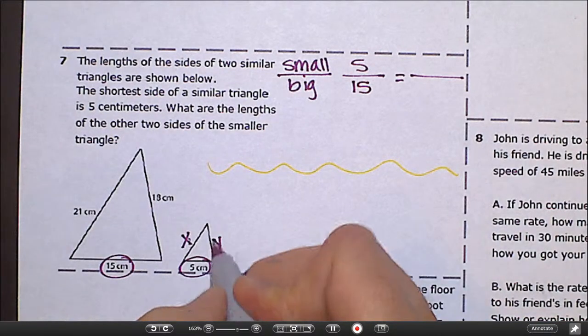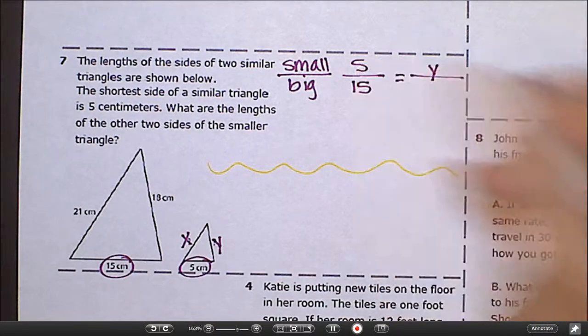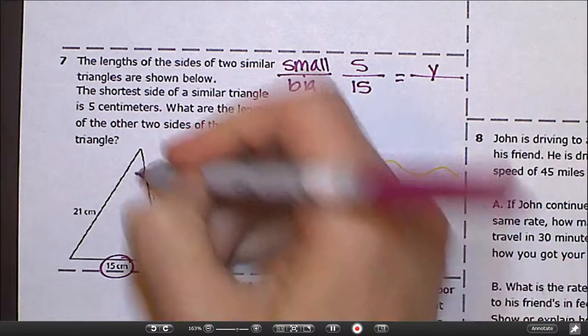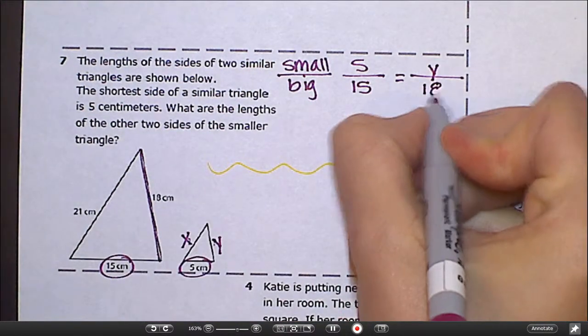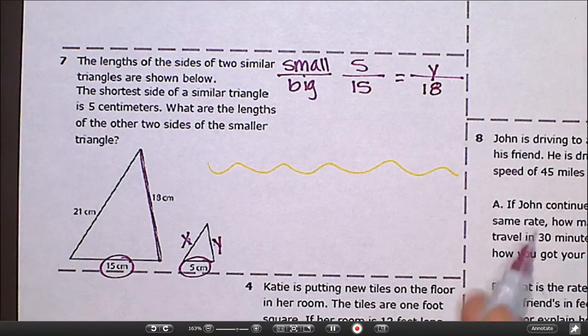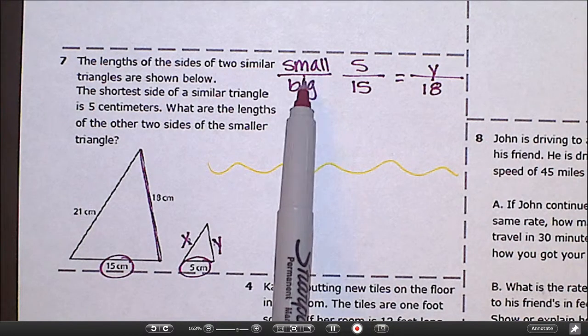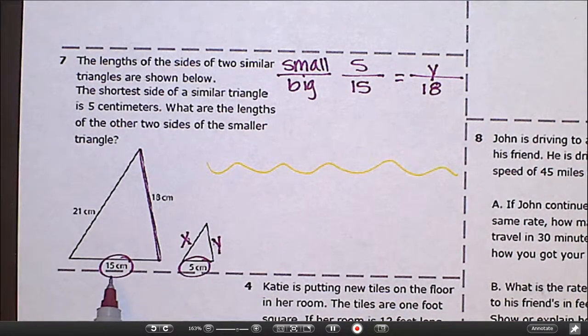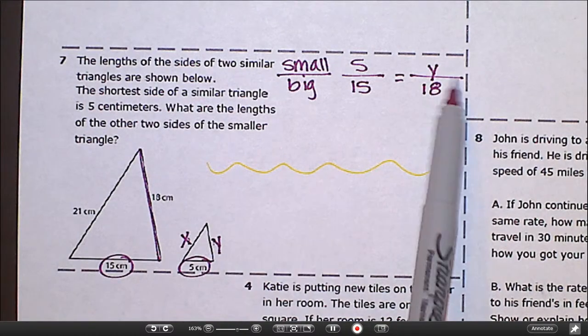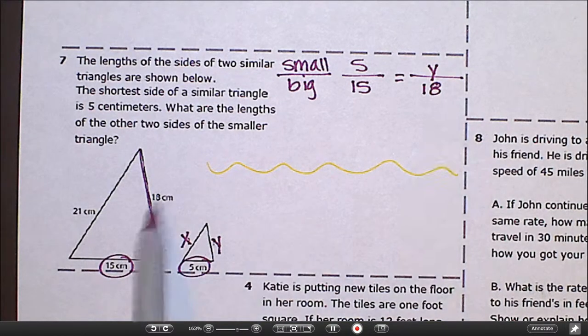Then I'm looking for y, so that's my small side, and I need to find the corresponding side. Well, it's this one, which is 18. So before we start cross multiplying, let's double check that we've set this up correctly. I've said that I was going to do small over big. 5 is small. 15 is the matching side on the big triangle. y is small. 18 is the matching side on the big triangle. So we are good to go.